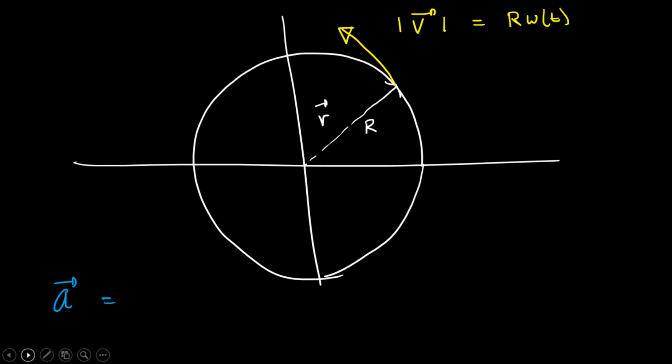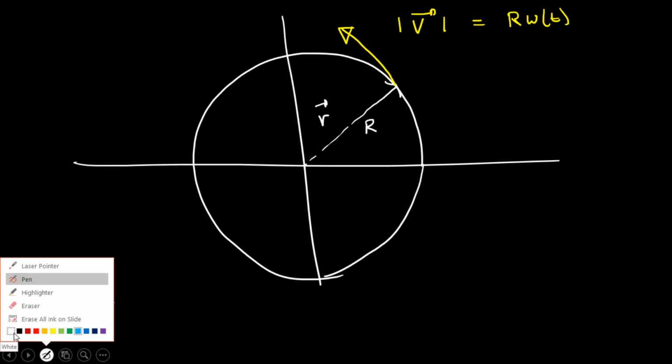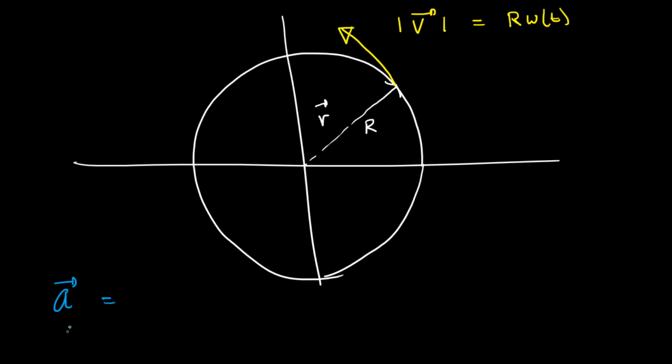The acceleration has got two components. One towards the center of the circle, which we're calling the magnitude of the radial acceleration, and it's towards the center. It's r omega square.